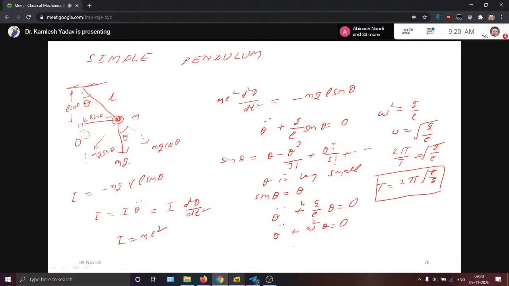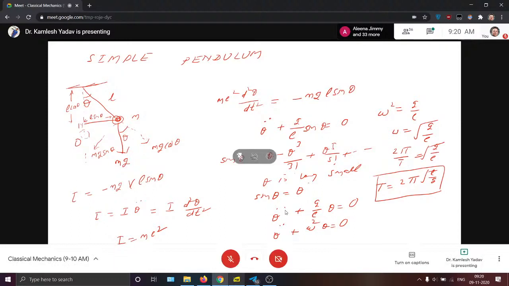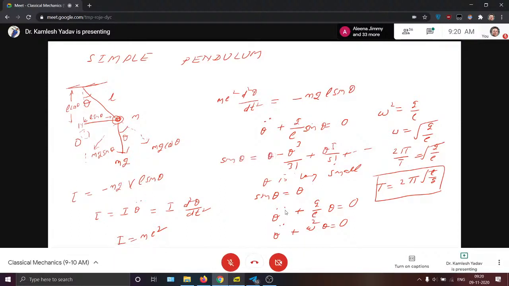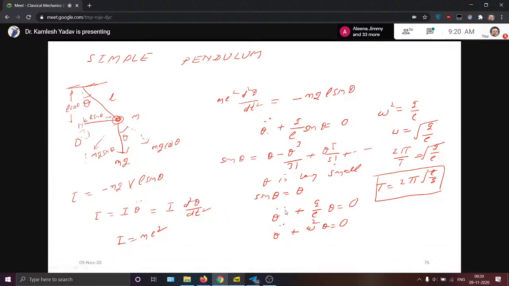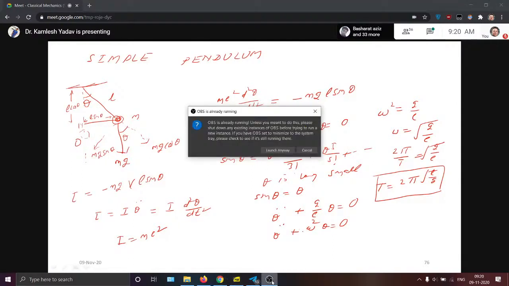For an ideal pendulum, this must be infinitely small. Then this angle becomes constant. If this is equal to 0, then theta dot, the velocity, will become constant. That is not possible. It is very small, suppose less than 1 or 2 degrees.